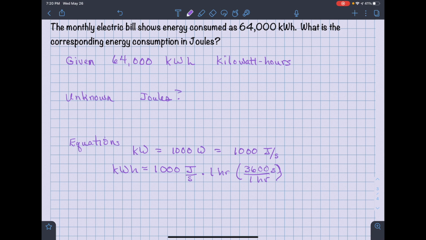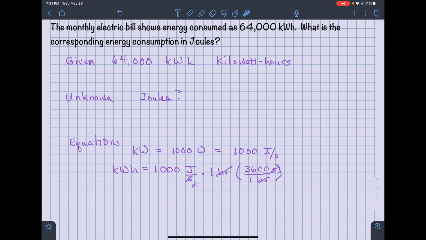And of course, what we're going to note here, if we look at the units, when we multiply all of this through, we're going to get units of joules because the hours cancel, the seconds cancel, so we're left with nothing but joules in our final answer.